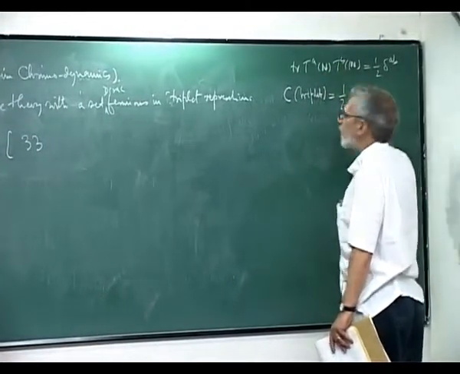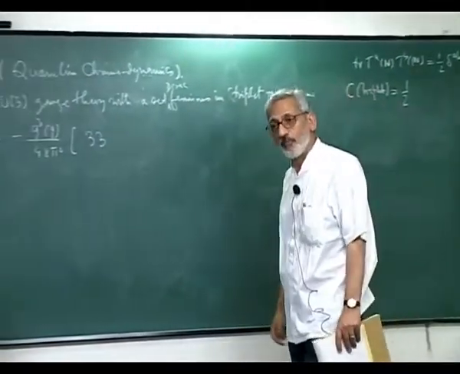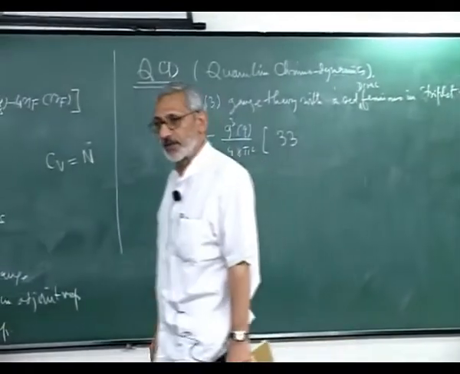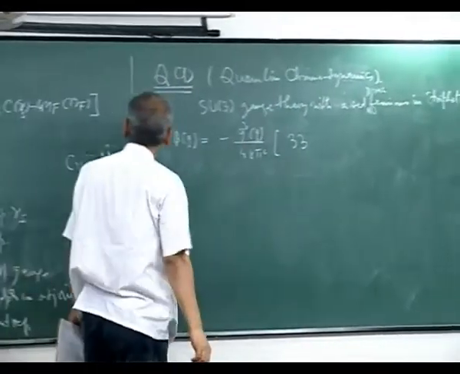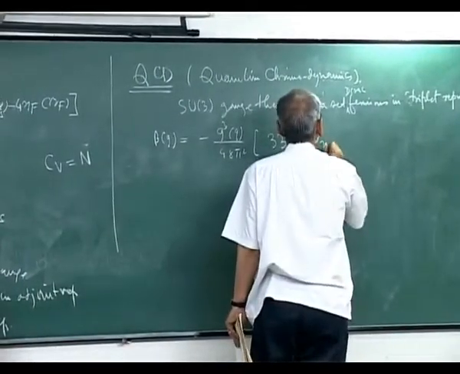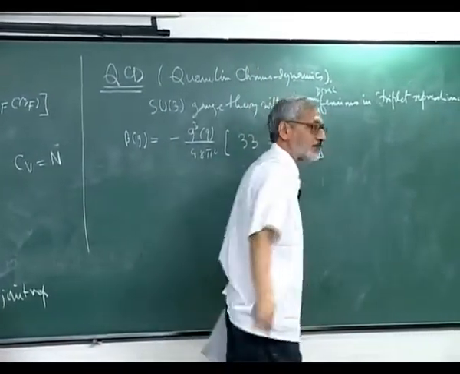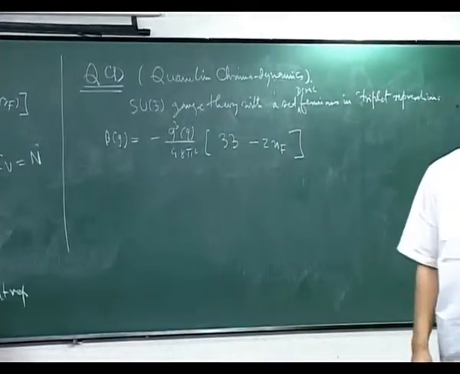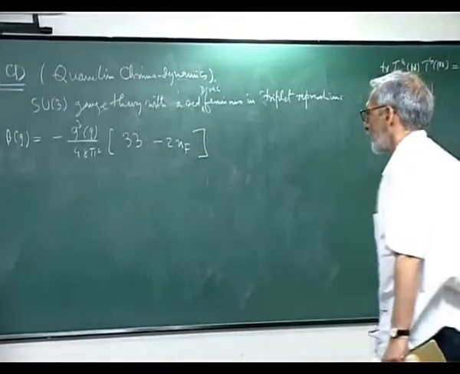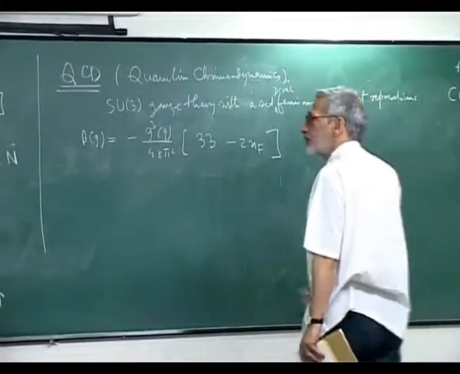This is the same number for our SU(N) theories. For SU(3) theories, it's half. And therefore, we have this answer here. So this is the beta function for QCD.